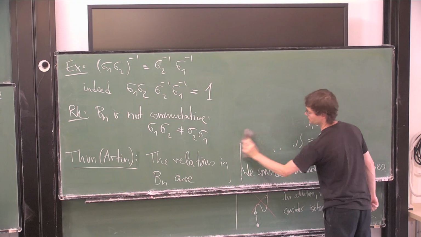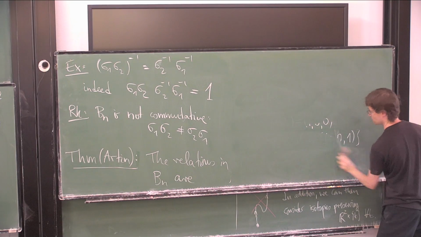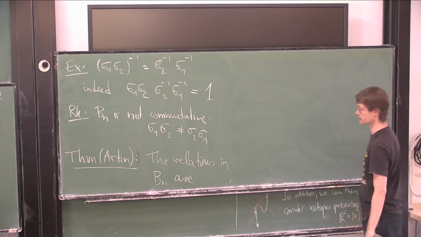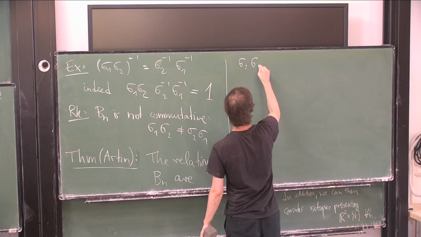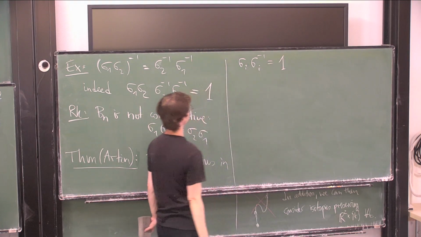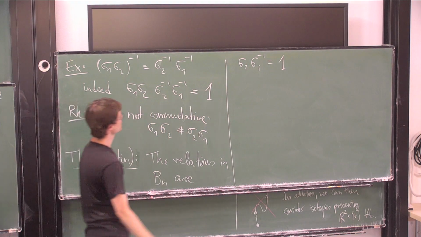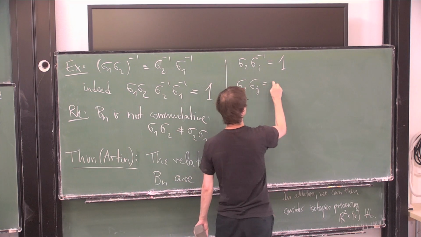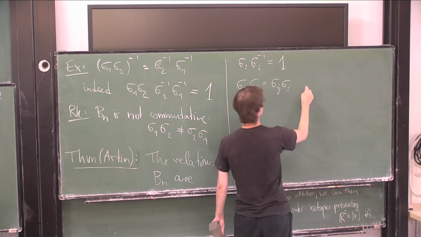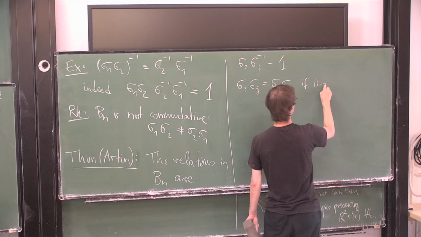One relation is almost by definition that sigma i and sigma i inverse combine to the identity. Second one is that sigma i and sigma j commute if the indices are far away.